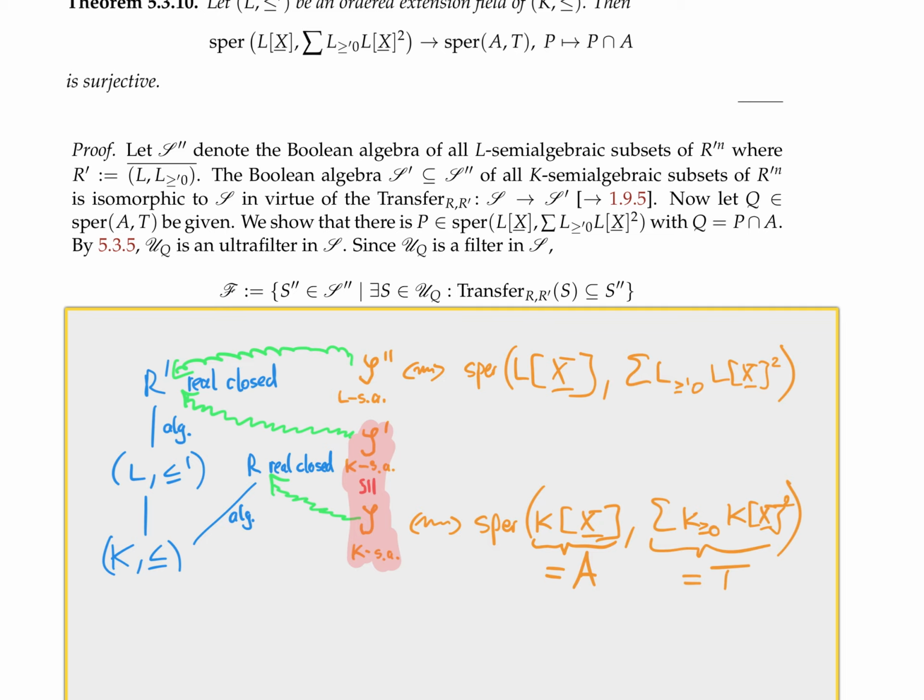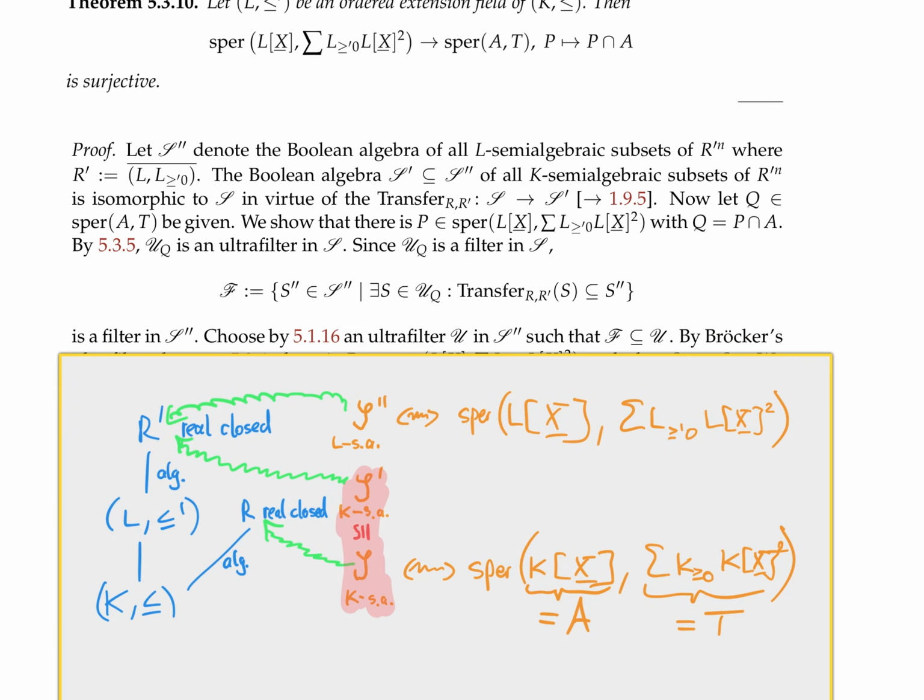So a curly F is the set of all S prime prime in curly S prime prime, such that there exists an S in U_Q such that the transfer of R to R prime of S is contained in S prime prime, right? So that's a trick to get from an ultrafilter here a filter here. Okay, so that's a nice trick. So you can immediately verify that this is a filter, right? So I guess that's a very easy exercise.